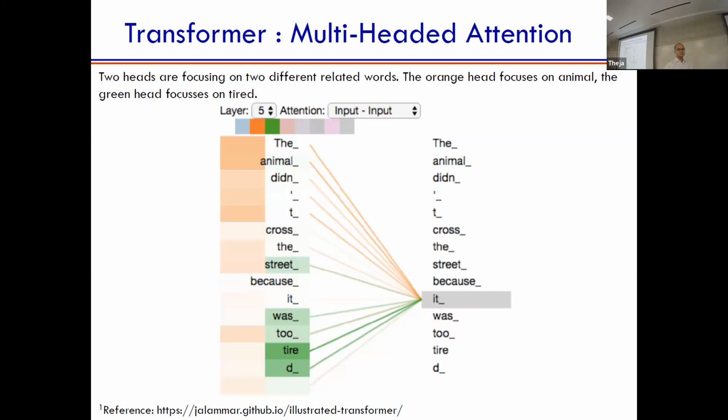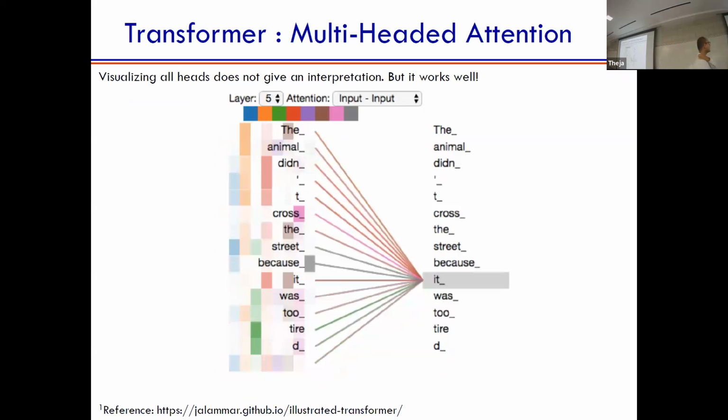So you can interpret that maybe it actually makes sense that you would have needed multiple attention heads to capture these two different things to attend to while representing some vector for this word index. But that's not always the case. If you actually look at all the 7 or 8 attention heads, we cherry picked two. There are these two, but if you look at the other ones, it's attending everywhere.